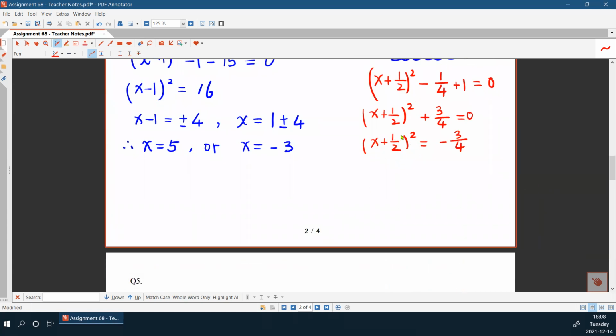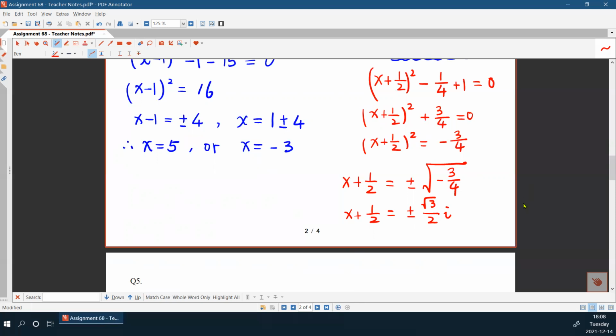Then you have something squared is a negative number. So remember there is an i involved in there, right? So x plus 1/2 is positive or negative square root of negative 3/4, right? And that means x plus 1/2 equals positive or negative square root of 3 over 2 times i.